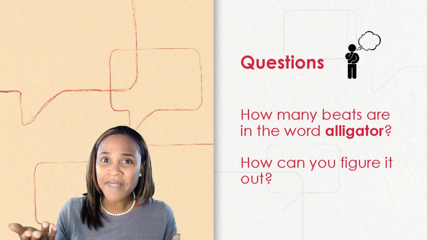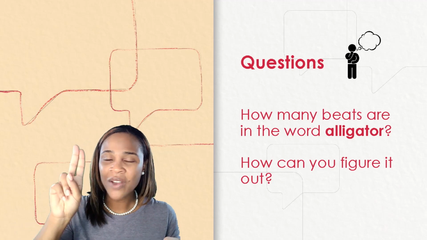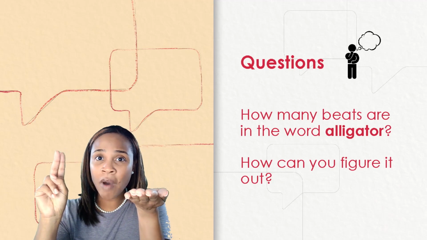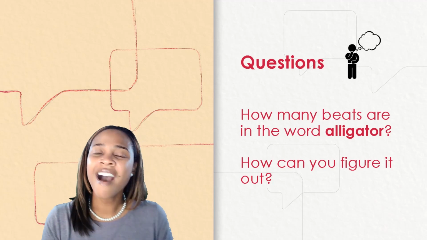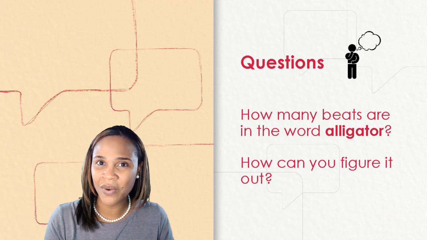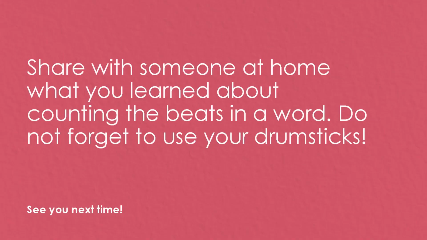Right, we made drumsticks in our lesson today. We can use our 2 fingers and the palm of our hand to find the beats in our words. Awesome work finding the beats in your words today. Share with someone at home what you learned about counting the beats in a word today. Do not forget to use your drumsticks.